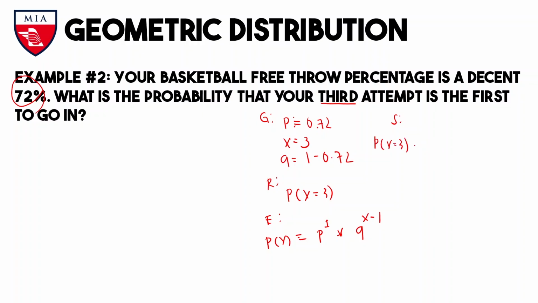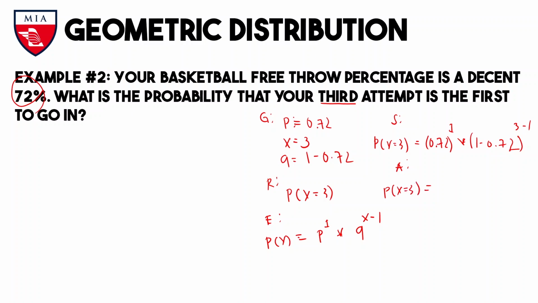Substitute the values: 0.72 raised to 1 multiplied by 1 minus 0.72 raised to, what's the value of x? 3 minus 1.